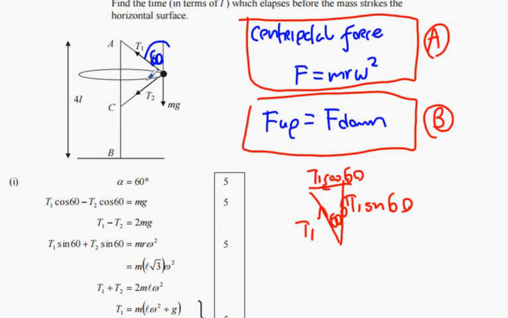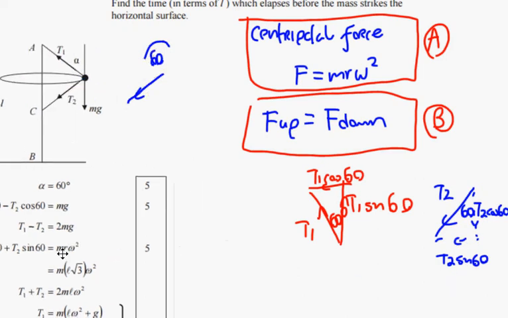Then we have T2, which is going down this direction here. And once again, T2 will also be held at 60 degrees. So that'll make that T2 sine 60 and T2 cos 60 going downwards. Okay? Now that we have that, what goes up equals what goes down.